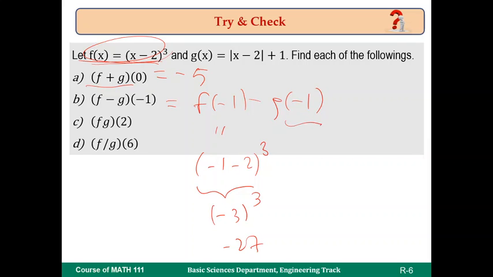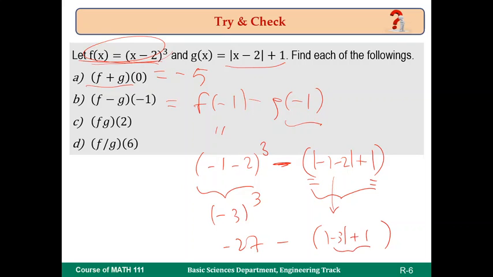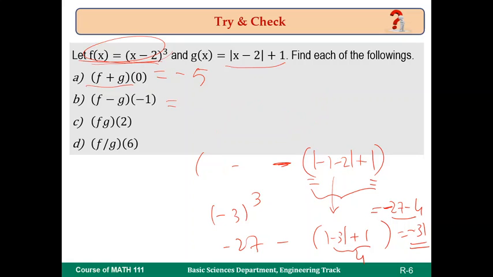And then I will put it in parentheses because we have minus here, so it's better we put the parentheses. This will be minus 1 minus 2 plus 1, and this becomes 3 plus 1, so it makes 4. So we end up with negative 27 minus 4. So this will be negative 31.